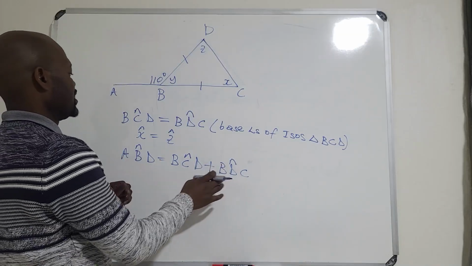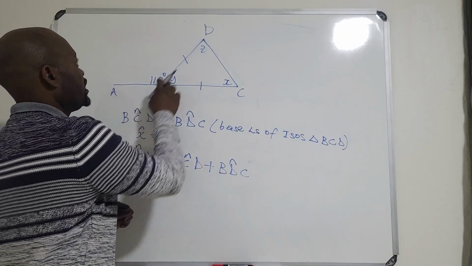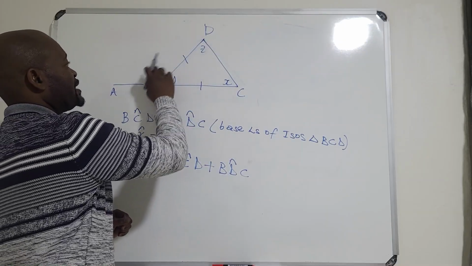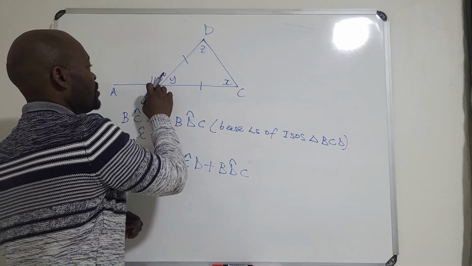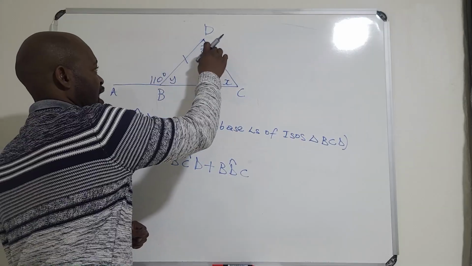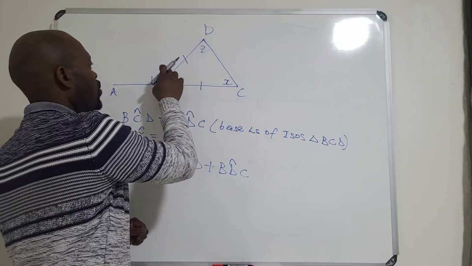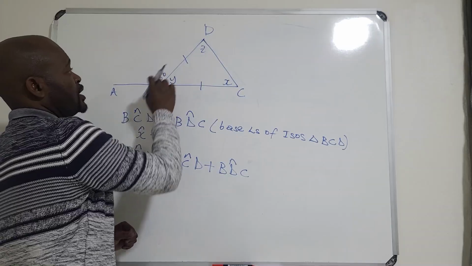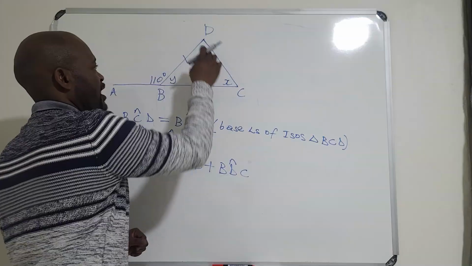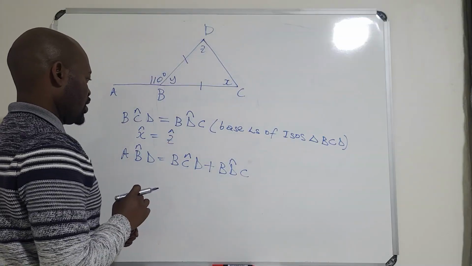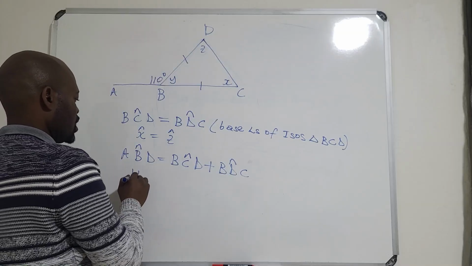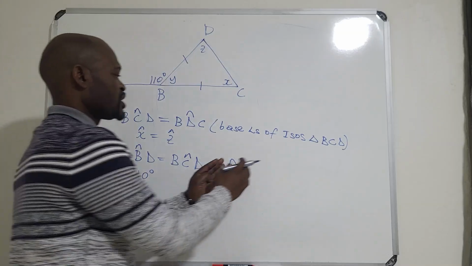This just means that angle ABD, which is this angle there, is equal to angle BCD, this angle, plus that angle. Therefore, we know the exterior angle of a triangle is equal to the sum of the opposite interior angles, the sum of these two. Therefore, we have angle ABD, which is 110.